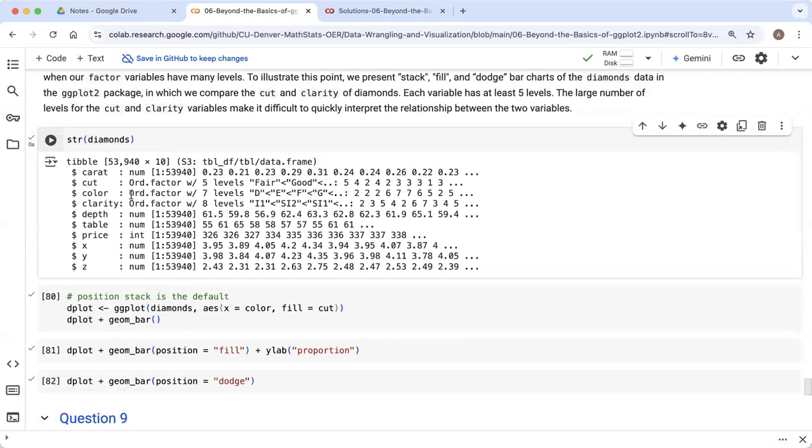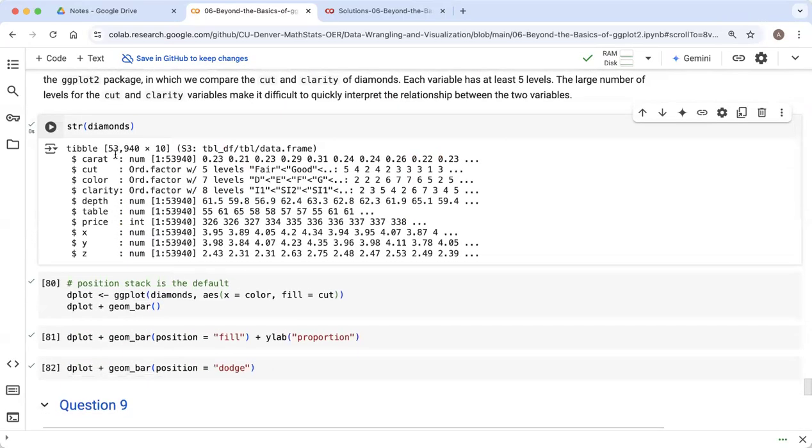So here's the diamonds data frame. It's huge, right? It's got almost 54,000 observations and 10 variables. We're going to focus on two categorical variables, cut and color. Cut has 5 levels. That's the cut of the diamond, and it's things like fair, good, ideal.